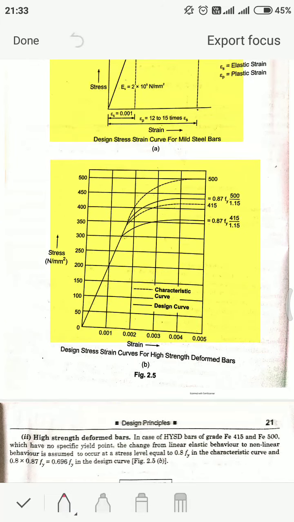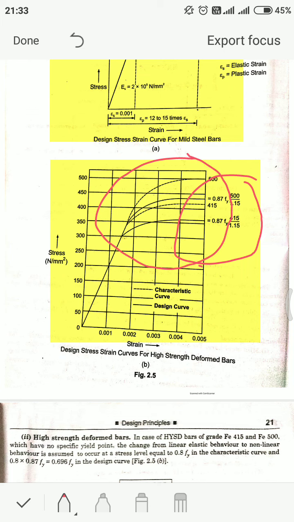Here you can see all the values and how the curves are changing. Characteristic curves are shown with a dashed line and the design curve is shown with a solid line, and these are the stress values and these are the strain values.